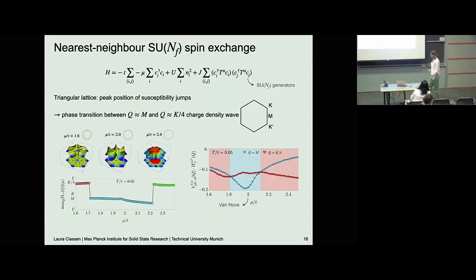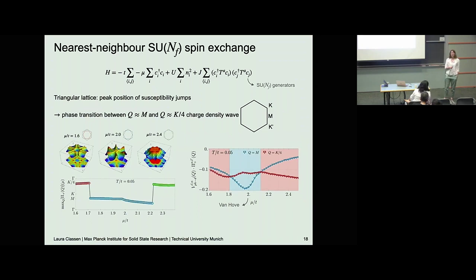Doing the same thing for the triangular lattice, we find something that at least was surprising to me, and that goes back actually just to the single particle physics of the triangular lattice.